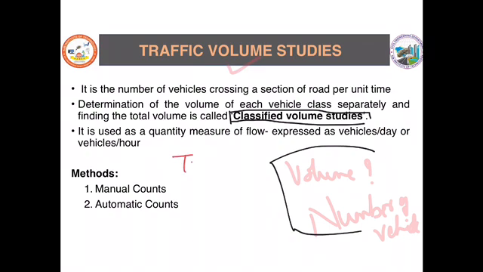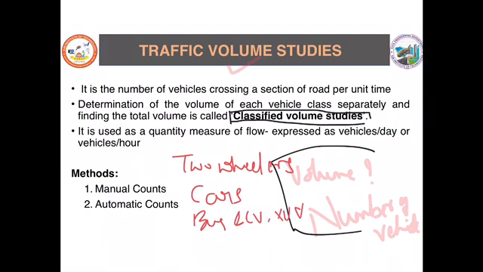For example, if you are taking two-wheelers, in that particular road stretch, how many two-wheelers you have, how many cars, buses, LCVs, and so on. Thus you need to first classify your vehicles, and collect the details on the number of vehicles under each category. Collecting the details of such classified numbers of vehicles, we call the classified volume studies.